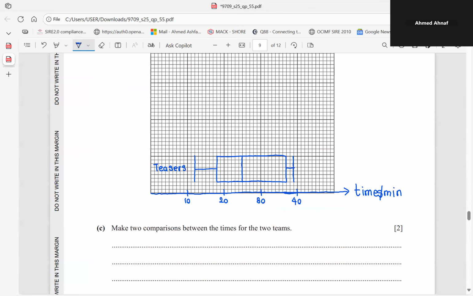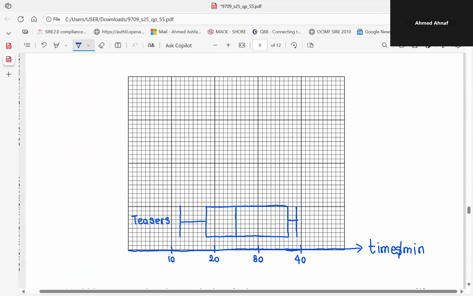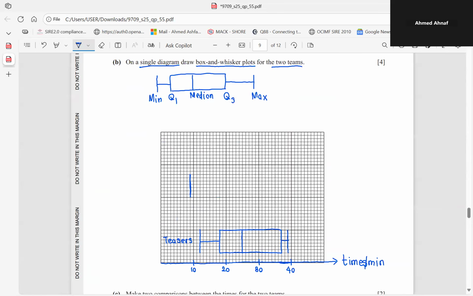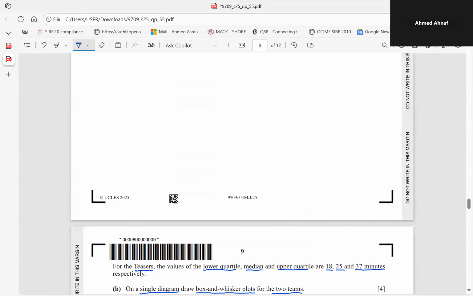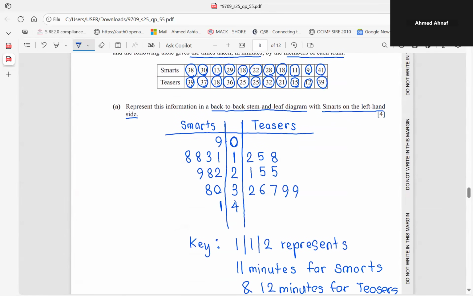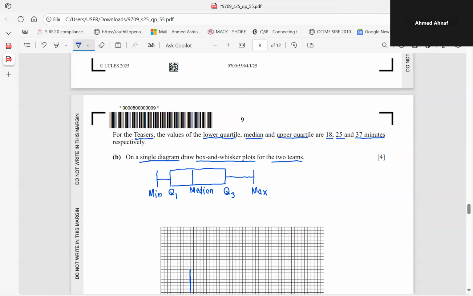So minimum value for the smarts is 9. Okay, so 9 is here. Okay, so let's start here. This is 9. And then we have to find the lower quartile by ourselves. To find the lower quartile, just take 1/4 times the number of data points.